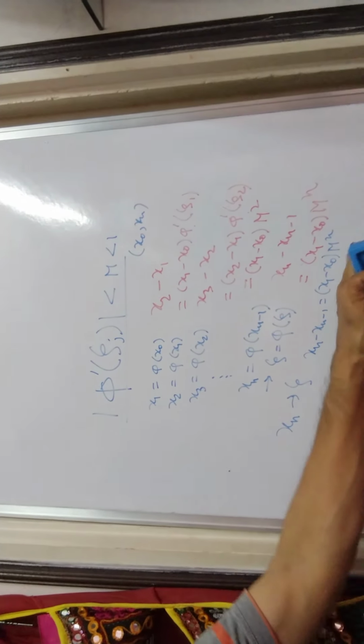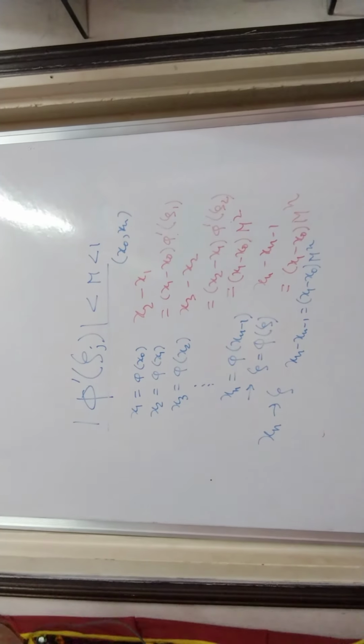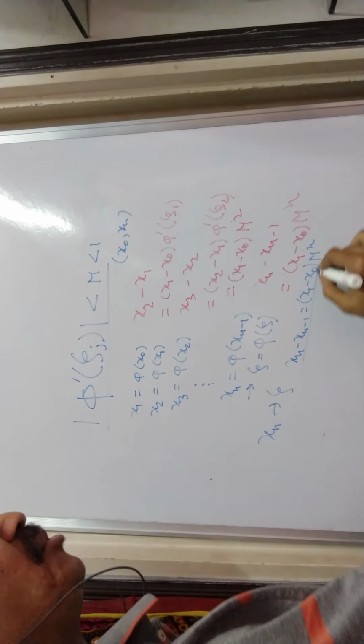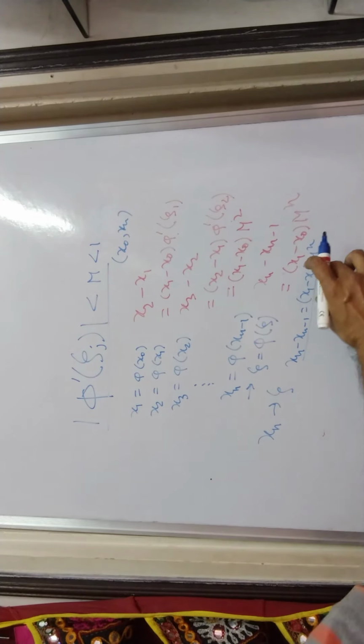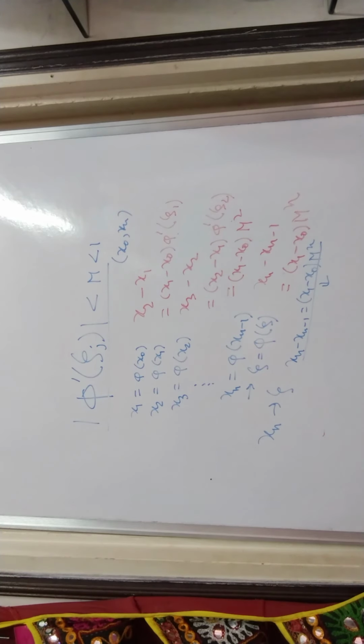And if m is less than 1, for a sufficiently large number of iterations, if this one is small, that is our first approximation is good, then we have the convergence criteria fulfilled.